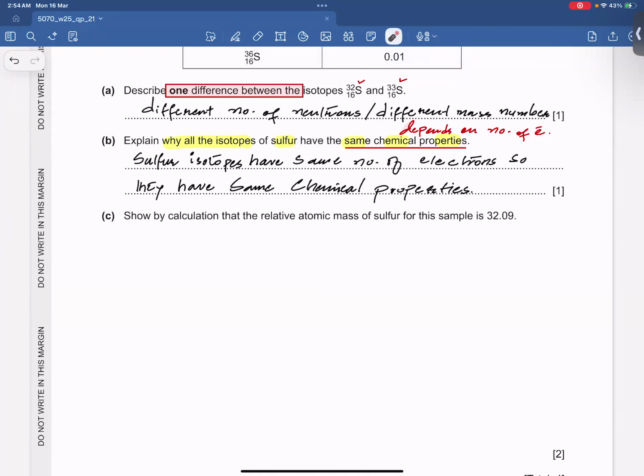When they have the same number of electrons, obviously they will have the same configuration also.